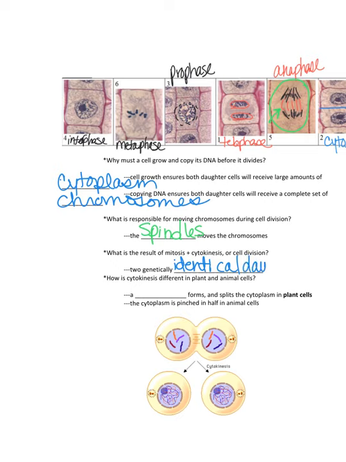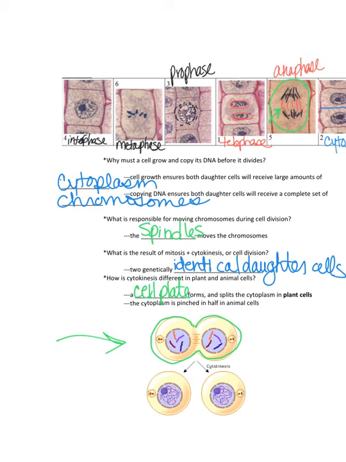I can't talk and write at the same time. Okay, so a little bit different between plants and animals down here. In plant cells, we get a cell plate that forms. So this right here is an animal cell, okay? Round cell, just a cell membrane, soft and squishy, right? So this is the cleavage right here, that cytokinesis that's going to split it into two.